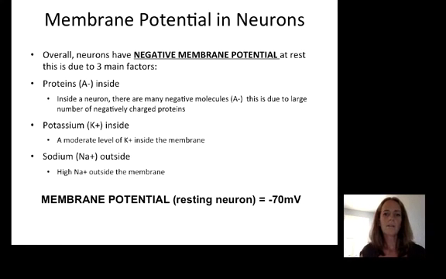So overall, neurons have a negative membrane potential of minus 70. So write this down, minus 70 millivolts in a resting neuron, because we have high sodium outside, moderate potassium inside, and a lot of negative anions inside the cell.